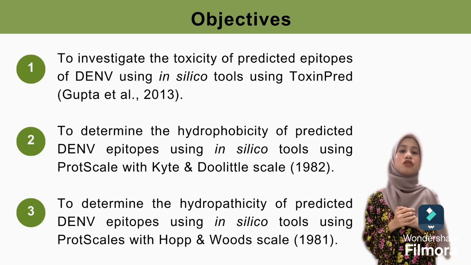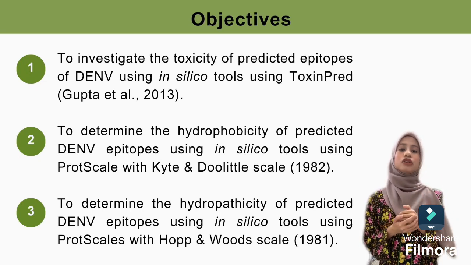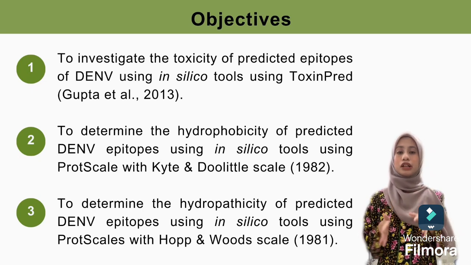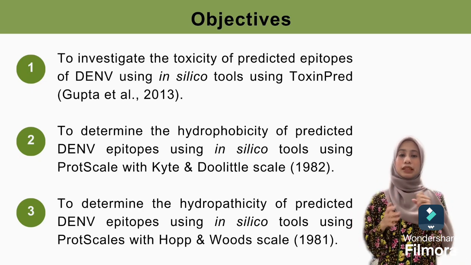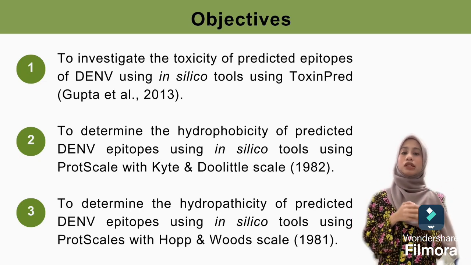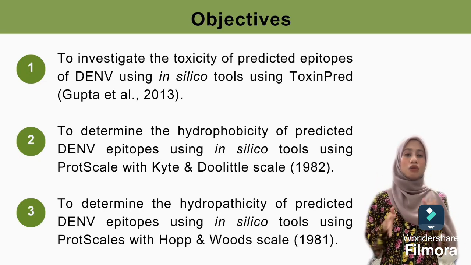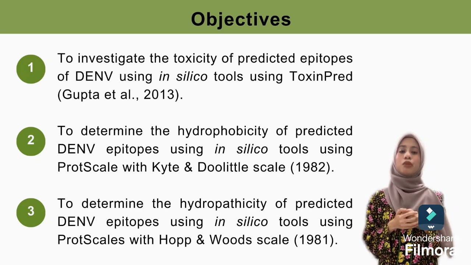Next, to determine the hydrophobicity of predicted DENV epitopes using in silico tools, the ProtScale with the Kyte and Doolittle 1982 scale, to see how well these epitopes dissolve and stay stable in the body for an effective vaccine. And the last one is to determine the hydropathicity of predicted DENV epitopes using the ProtScale with the Hopp-Woods scale, to see how these epitopes interact with cells and the immune system to assess their vaccine potential.